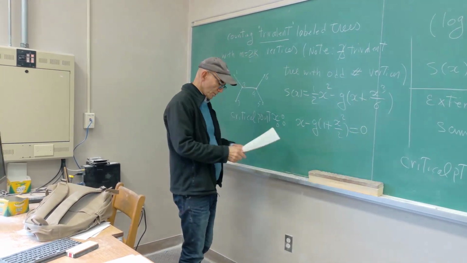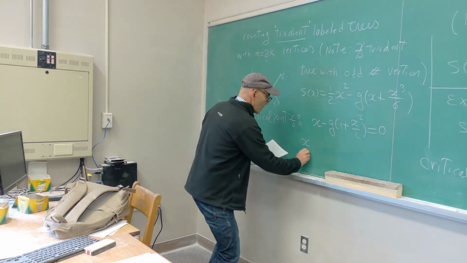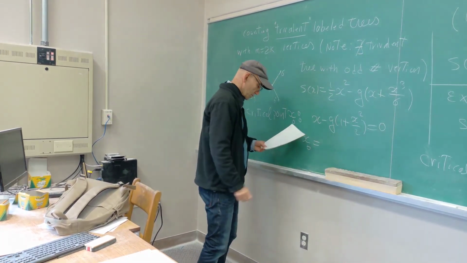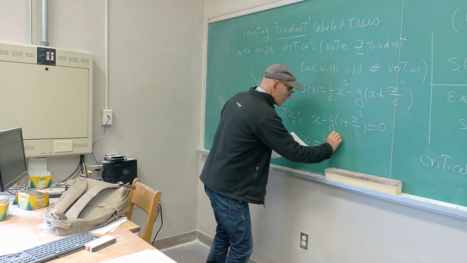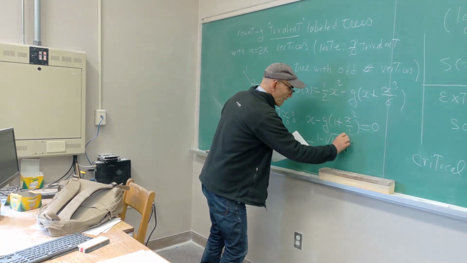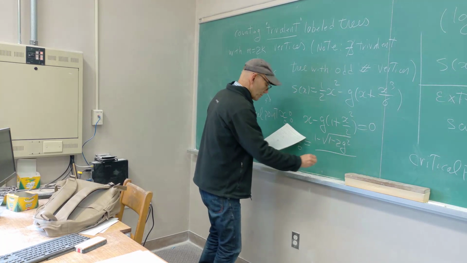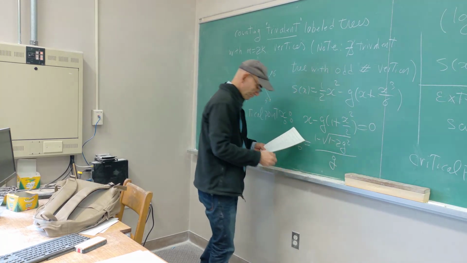So luckily, this is a quadratic equation, and x0 is equal to 1 minus root of 1 minus 2g squared, over g.